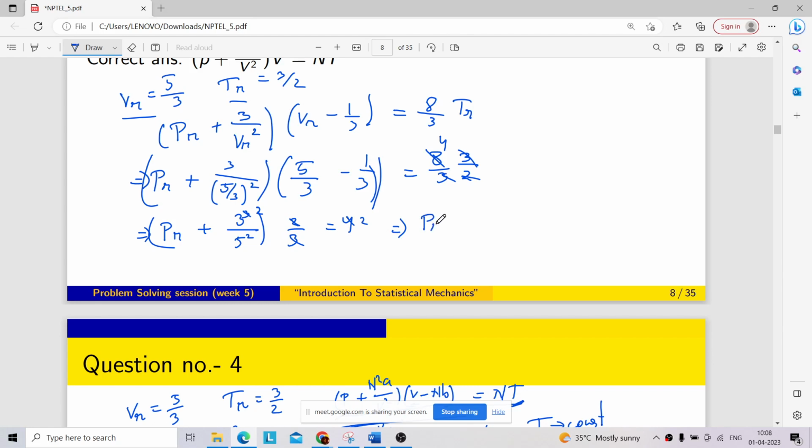So PR plus 9 over 25 is 2. So PR will be 2 minus 9 over 25. If you can remember this equation, then you don't have to do all this. As we are doing this the first time, I just derived all this, right? So this is how much, and this is, there is some mistake I think.